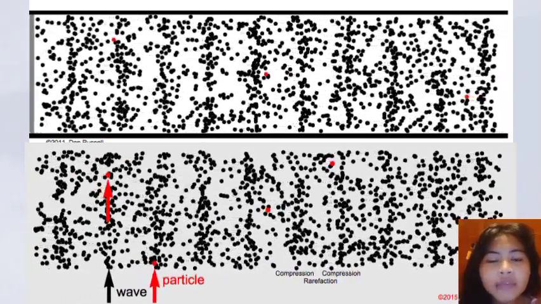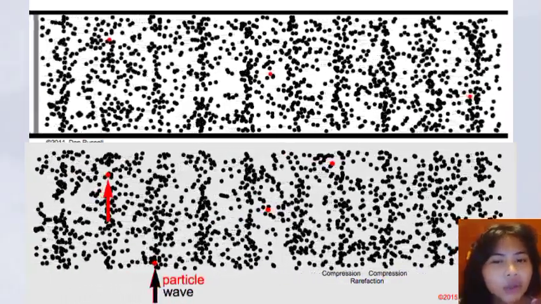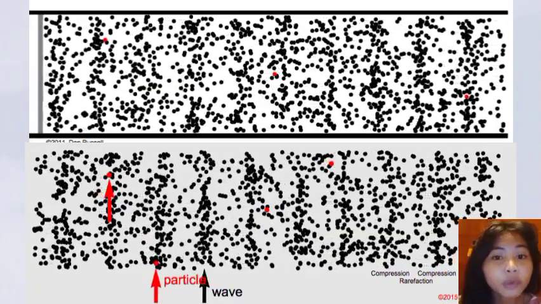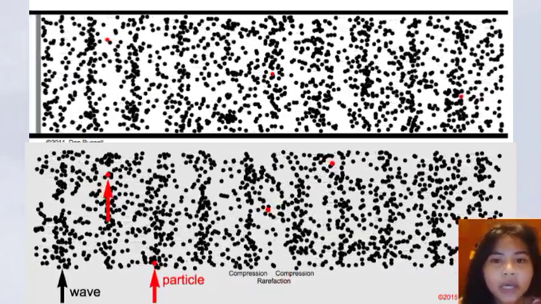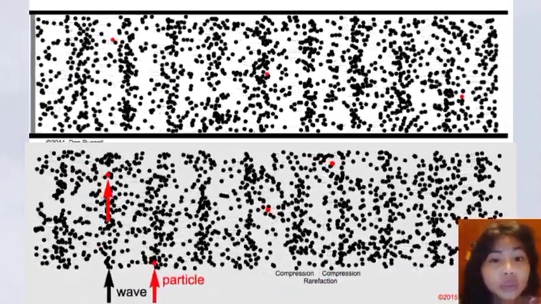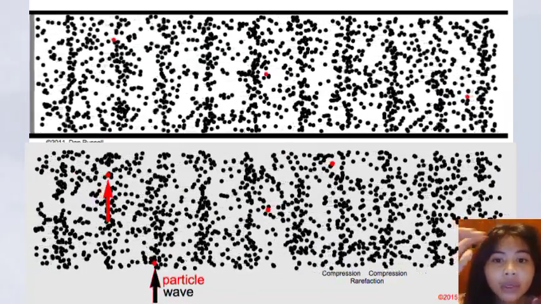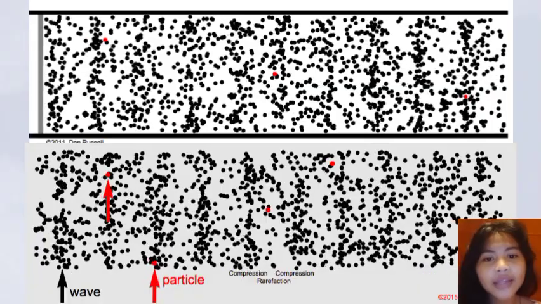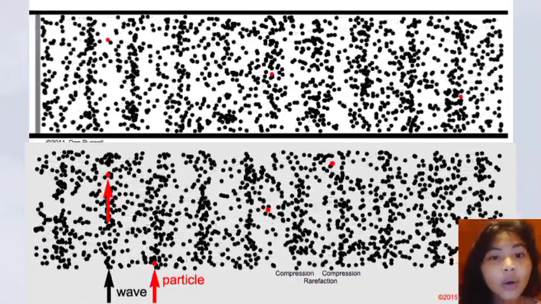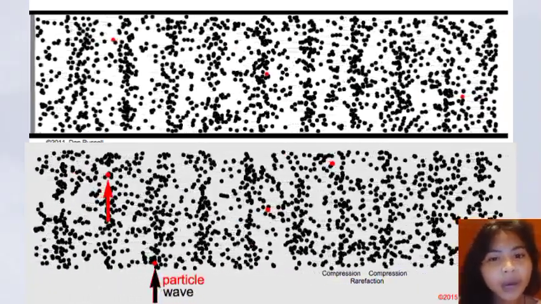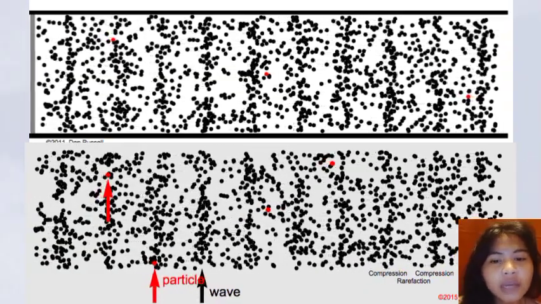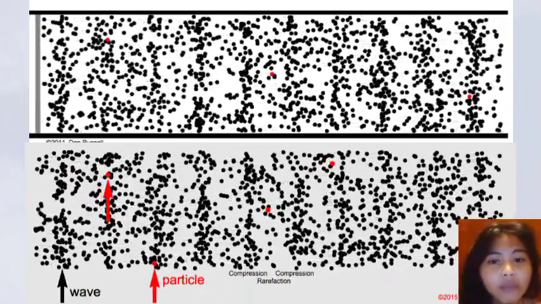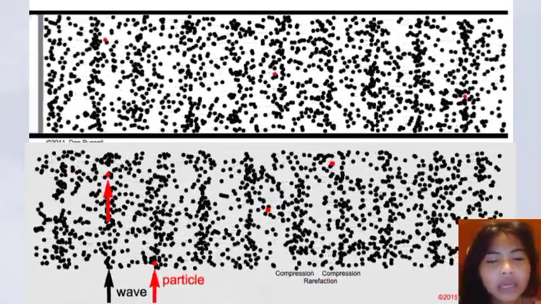The animation shows a one-dimensional longitudinal plane wave propagating down a tube. The particles do not move down the tube with the wave. They do not move up and down. They simply oscillate back and forth about their individual equilibrium positions.